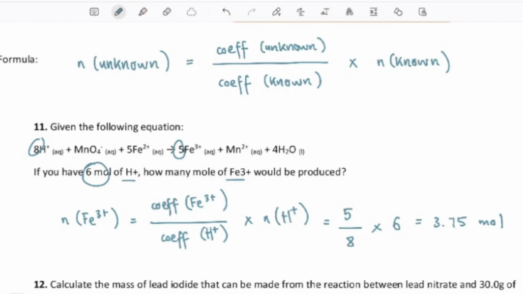I just ignored the sig figs. This is around about 4 moles, but let's just keep it at 3.75 because I'm just giving you context on how to use the formula. Cool, so that's essentially what this formula means.